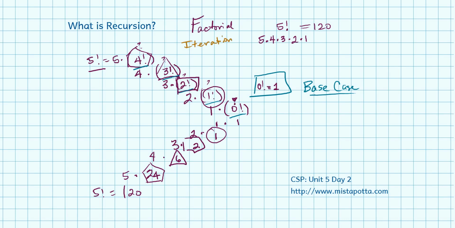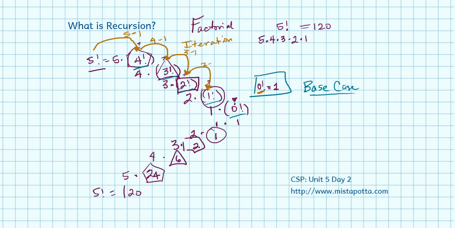The idea of iteration is that I wanted to go from 5 to something smaller, to something smaller. And indeed, I want to get closer and closer to my base case. My base case is 0. So to get from 5 closer and closer to 0, I know that 5 minus 1 is 4, and 4 minus 1 is 3, and 3 minus 1 is 2.